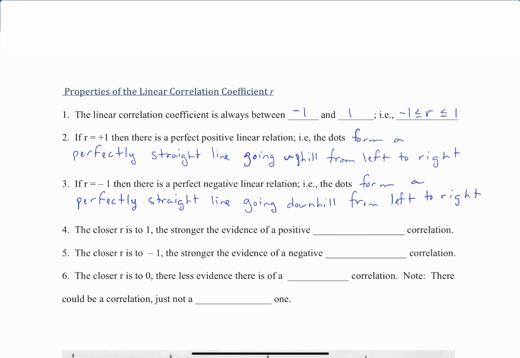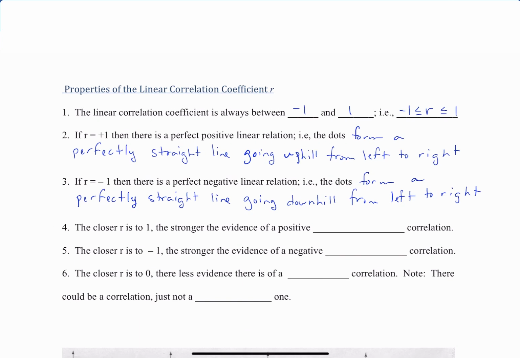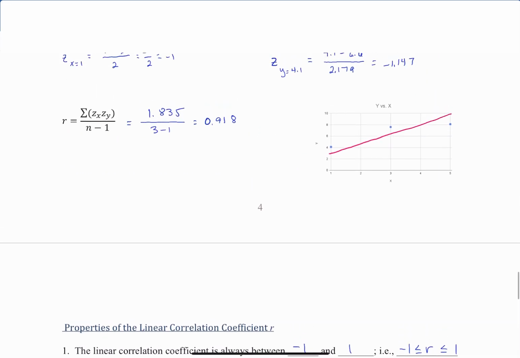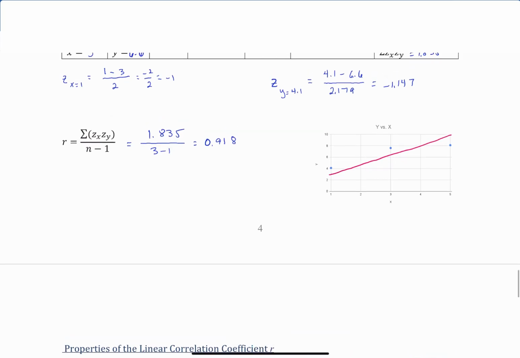And the closer r is to 1, the stronger the evidence of a positive linear correlation. That's what we saw and mentioned in the previous example, where r was 0.918 and our dots were in a pretty straight line.